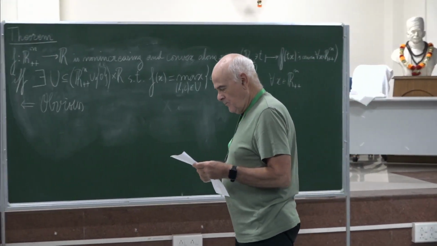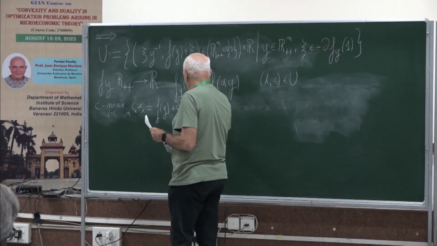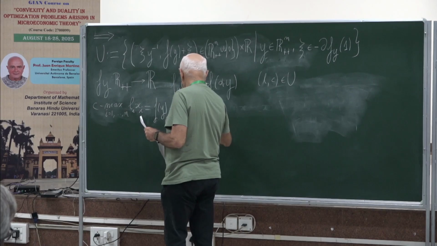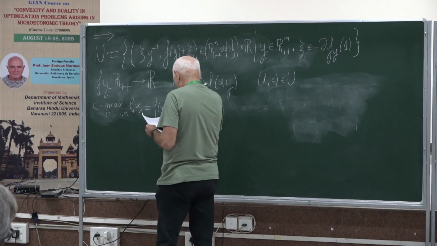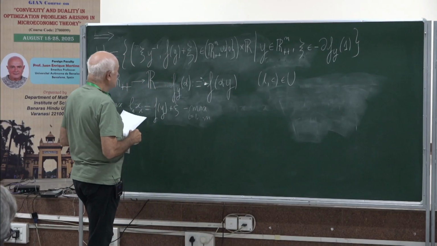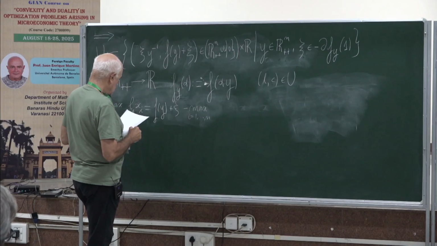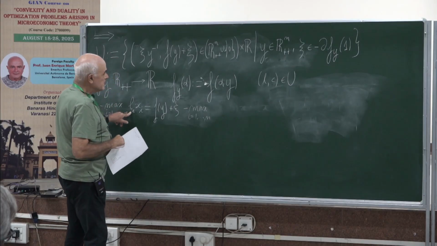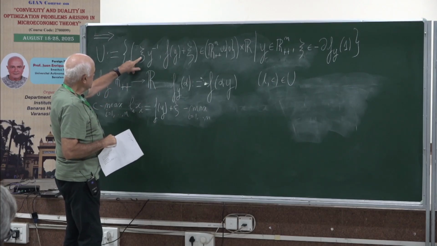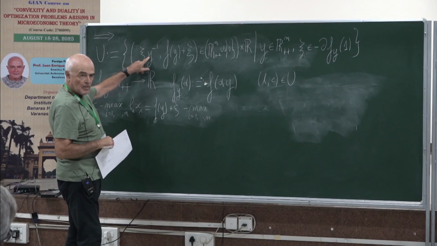Okay? Minus the max of, so what is Li? Li is c times y to the minus 1. Okay?